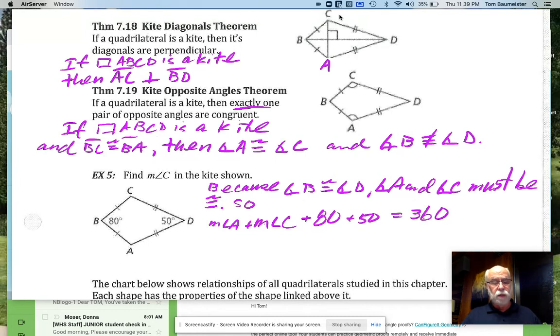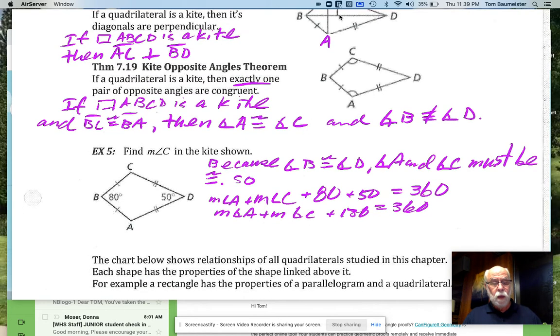So the measure of angle A plus the measure of angle C plus 130 is equal to 360. We know that the measure of angle A plus the measure of angle C then is equal to 230.